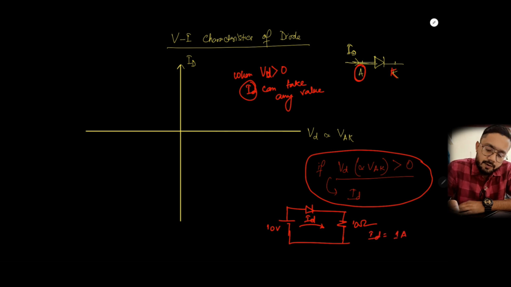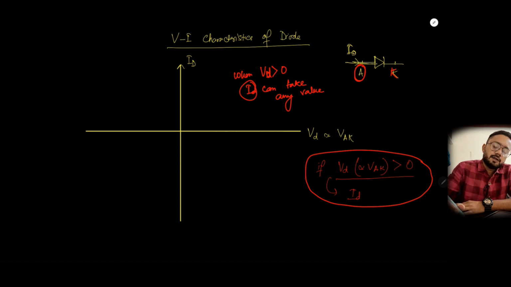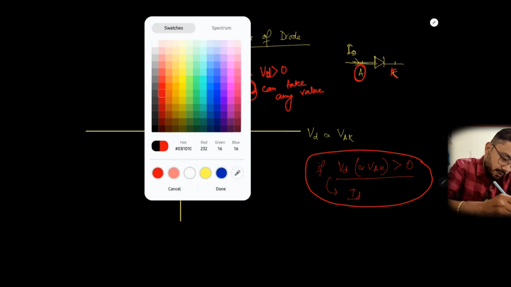Here ID will be 1 ampere. Now suppose I change the resistance to 5 ohms, what will be ID? ID will be 2 ampere. So basically, depending upon the circuit conditions, the ID value can take any value if the anode voltage is greater than the cathode voltage. So how can we draw the VI characteristic?